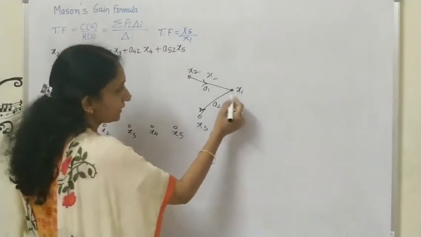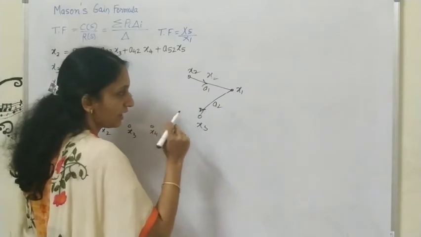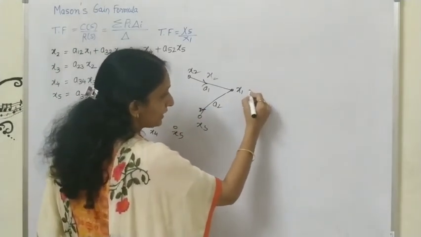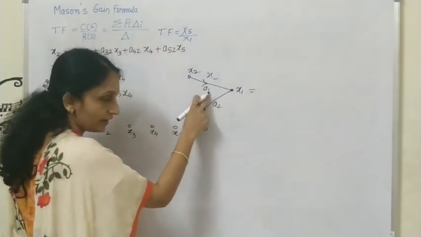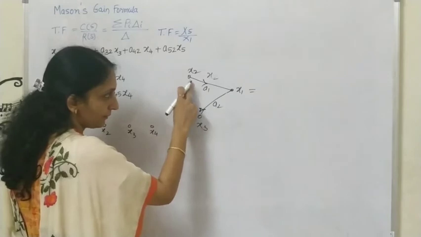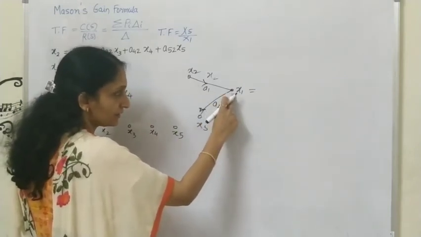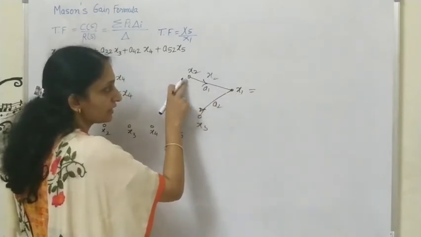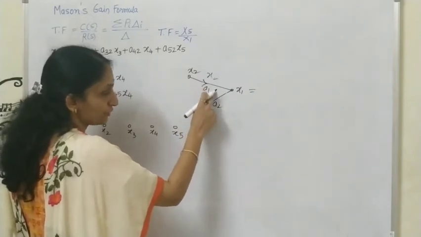At node x1, 2 signals are coming. So how will you write the equation for x1? x1 is equal to gain into input. For this signal, x1 is output, a1 is gain and x2 is input, because you have to consider the direction of the signal.